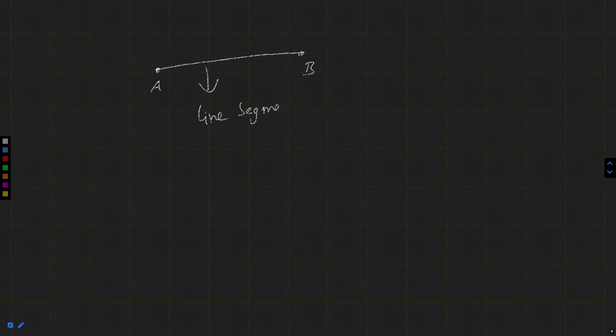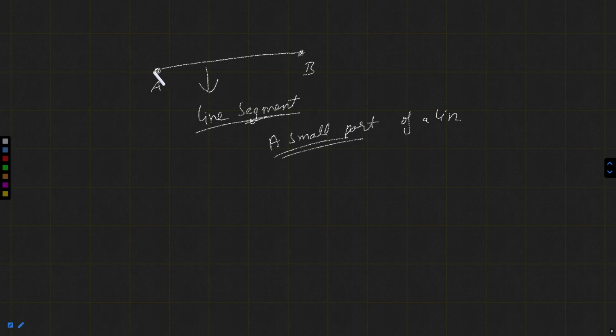Segment means a small part, so a line segment is a small part of a line. We know a line never stops. A line segment has both ends, but a line doesn't have any ends.